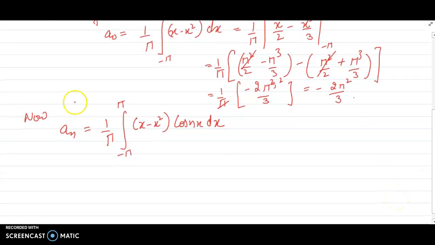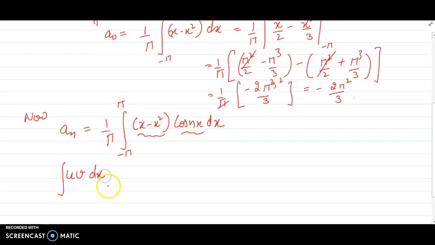Now one of your functions is algebraic, another is trigonometric. If I use the formula with u and v, where u is the first function and v is the second function, I can write its integration as u as it is, integration of v as v1, minus derivative of u, again integration of v, plus double derivative of u, again integration of v, minus triple derivative of u, again integration of v, and so on.